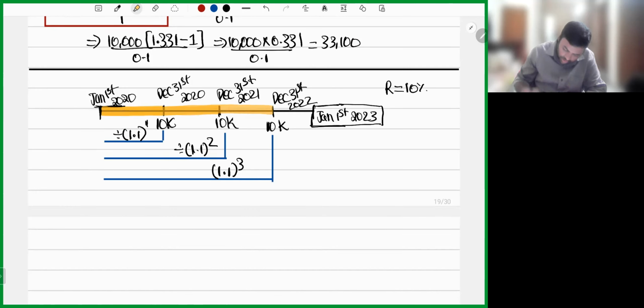January 1st, 2020 and December 31st, 2022, how many years? 3 years. That's the reason I'm doing divided by 1.1 whole power n: 1.1 whole power 1, 1.1 whole square, 1.1 whole cube. Now 10,000 divided by 1.1, we will get 9090.90. Next, 10,000 divided by 1.1 whole square.